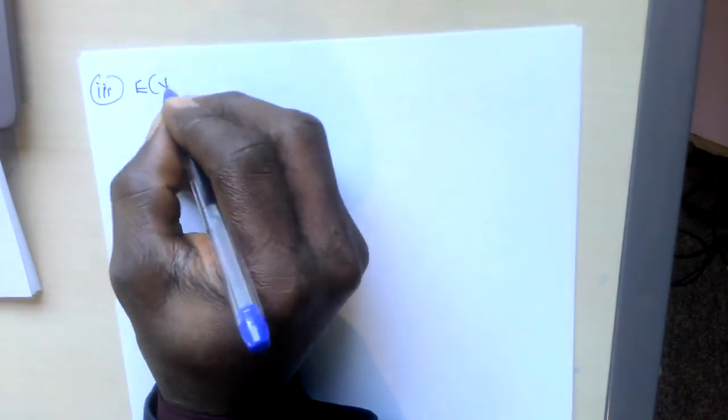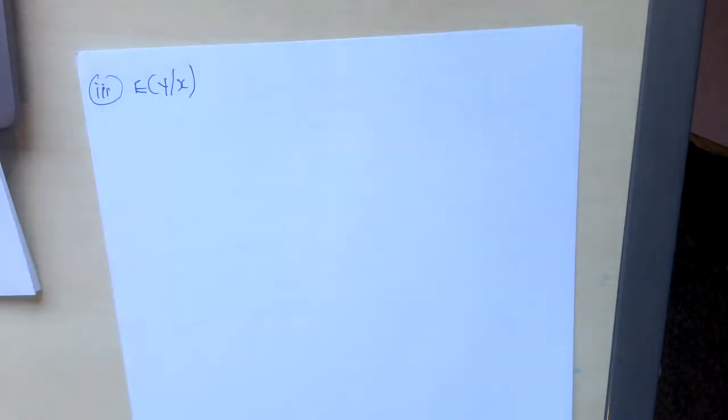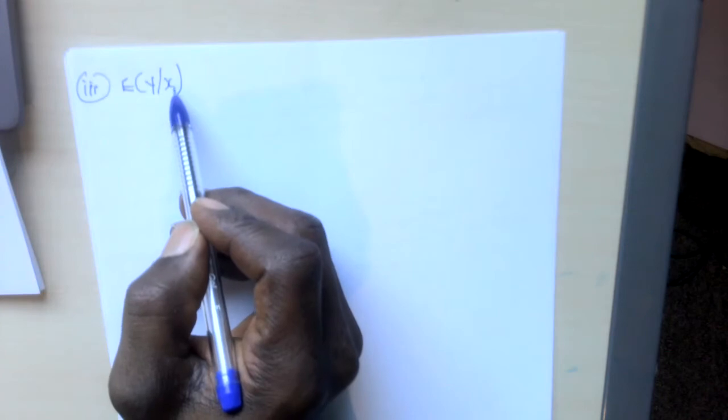So to get this given x, a way to go about that is to find the joint PDF divided by the marginal PDF of x.